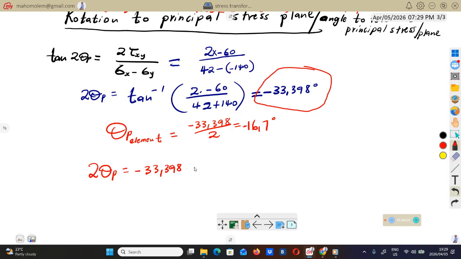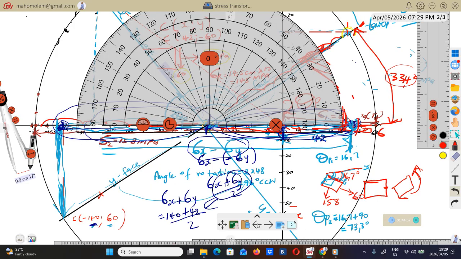So we have two options to reach that principal plane. The other one is this one. So back to this. Remember, we've got two principal planes.